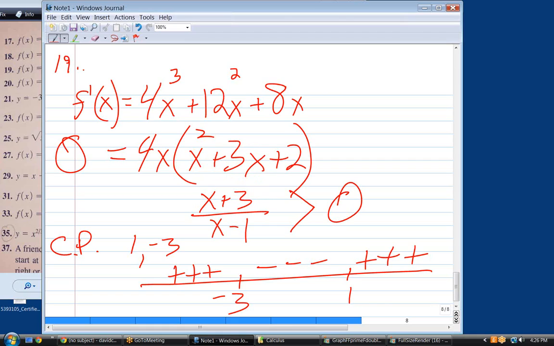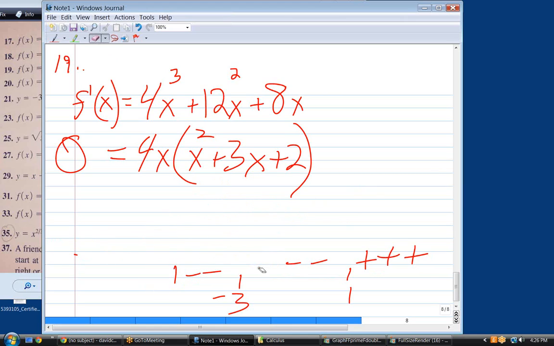When you have a quotient, it's much harder to come up with the answer without using a line chart. I'm not sure I'd know how to do it. With the product, I could probably figure out how to do it. But when you have a quotient, the line chart is necessary for sure.